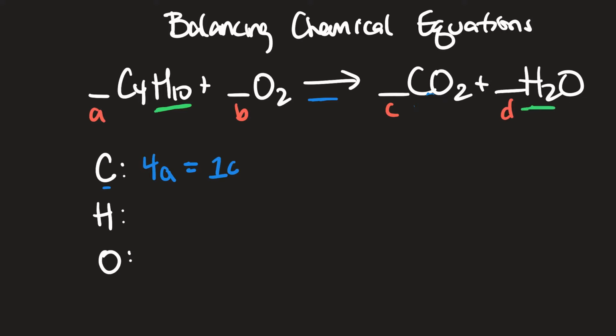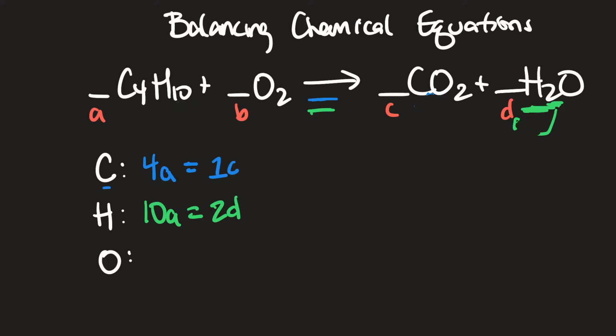We create expressions using the variables this hydrogen is associated with. The first one has 10 hydrogens, so 10A. We cross the arrow, equal sign, and then this one here is a 2 associated with the D, so it's 2D. That is the expression for hydrogen.